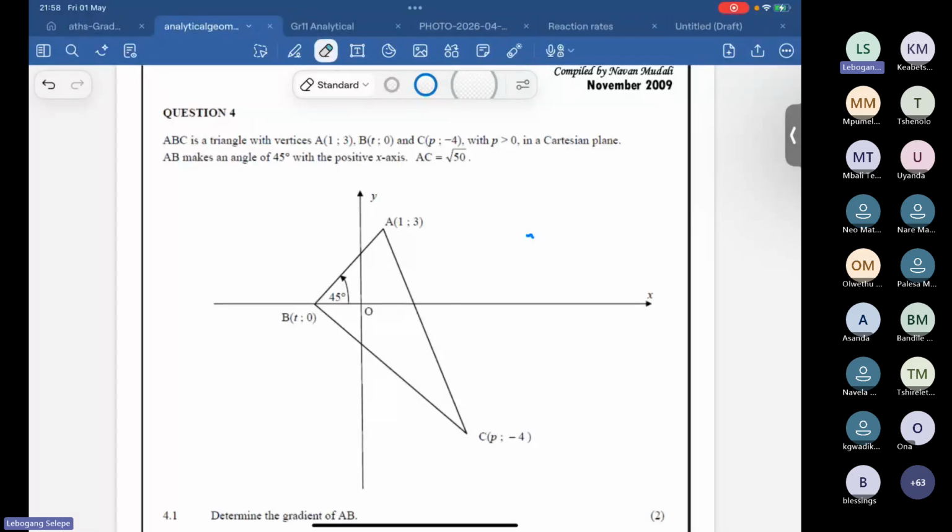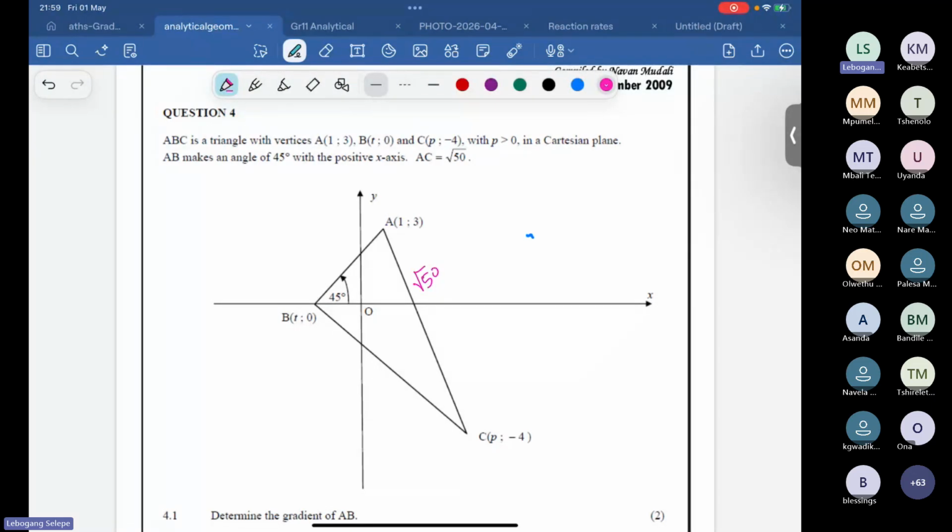Is 45 degrees the angle of inclination of AB or not? Yes, it is, right? Because it's in an anti-clockwise direction. Perfect. We're told that AC is root 50 units, not degrees.